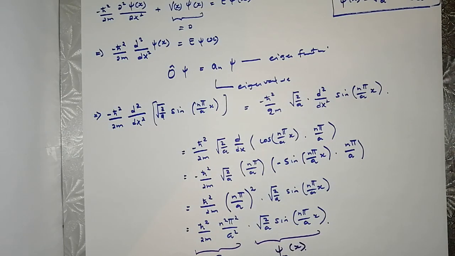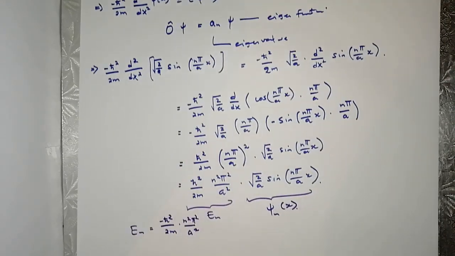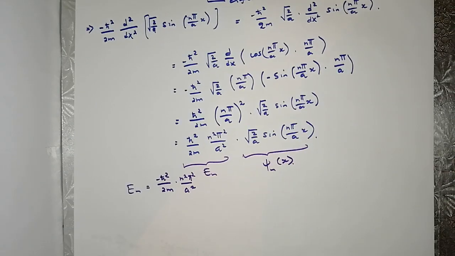So what I'm going to do now is to just simplify this eigenvalue. Our eigenvalue is the energy that we are looking for: h-bar squared over 2m times n squared pi squared divided by a squared. Sorry about that. All right.